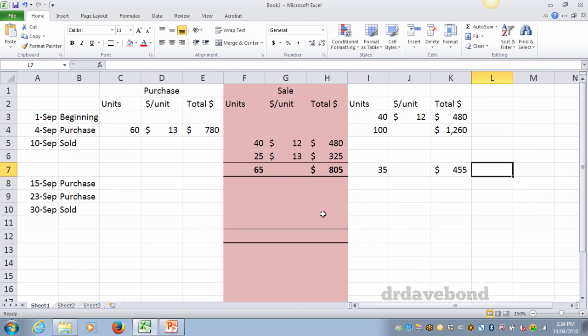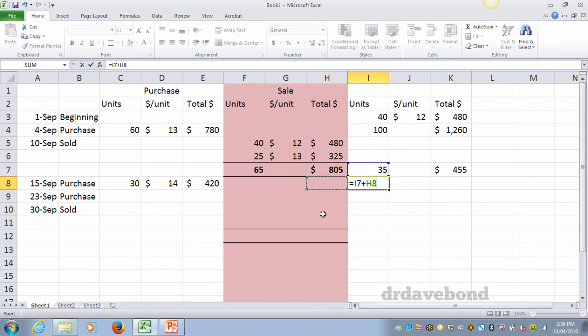We buy in, we have 2 more purchases in. The purchase on the 15th was for 30 units at $14 a unit, which would mean we'd have 875 units on hand.